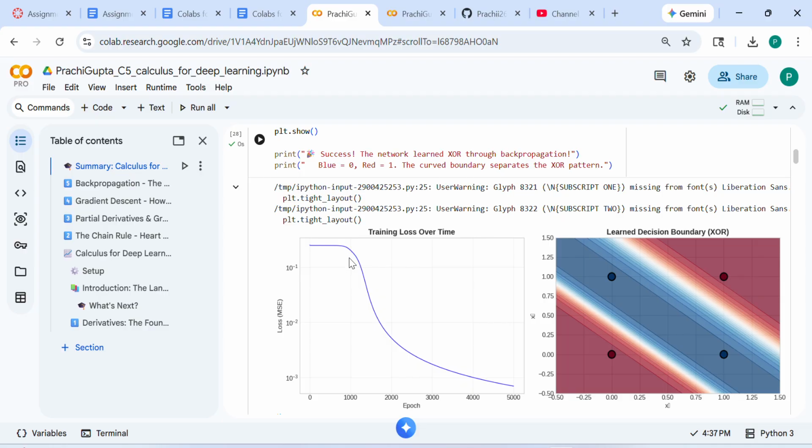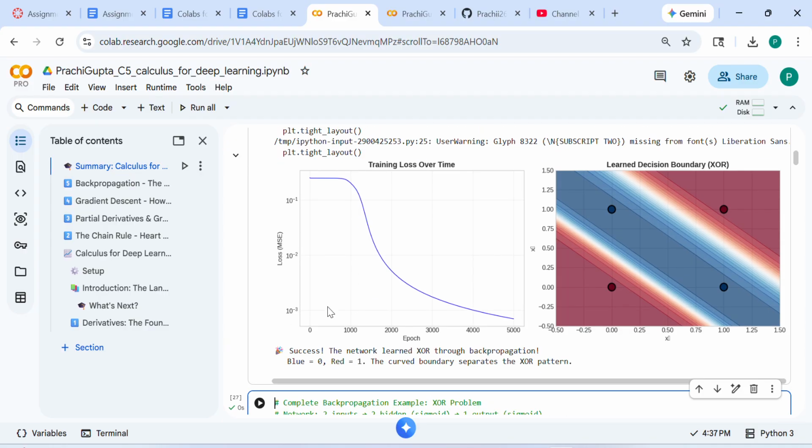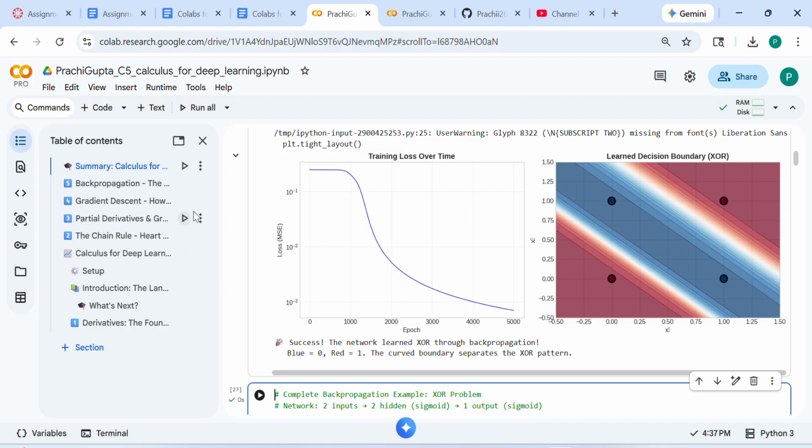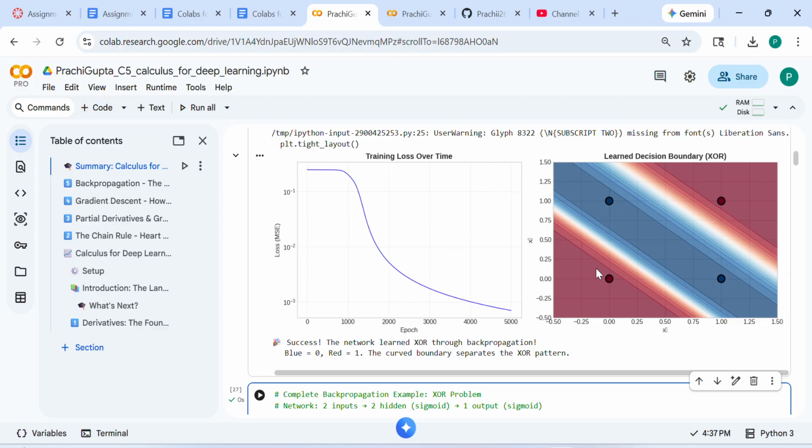Yeah, so this is our training loss curve over time. With each epoch increasing, the loss value is decreasing. So this shows the relation between them, and this is the decision boundary of XOR, that is, 0 0 will give 0. If it's 0 1, it will give 1.